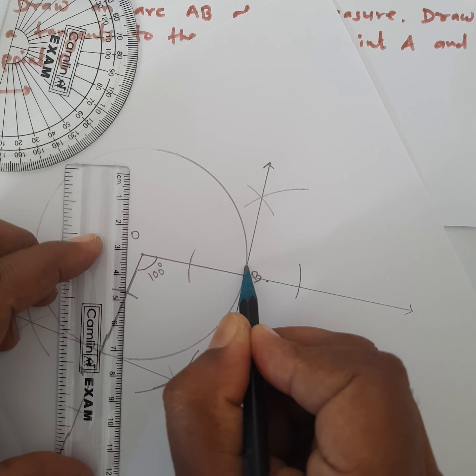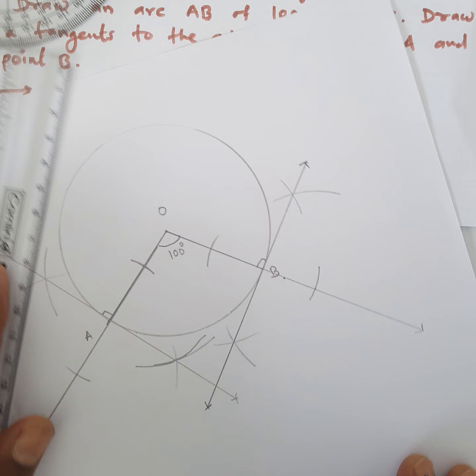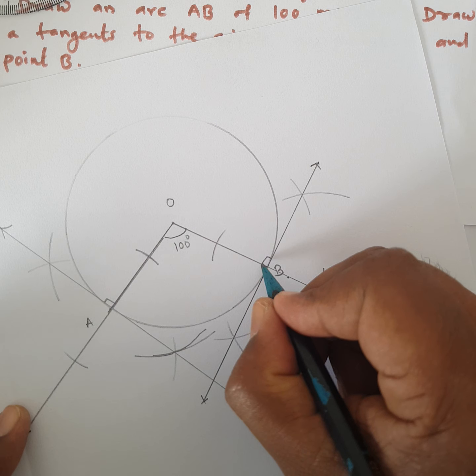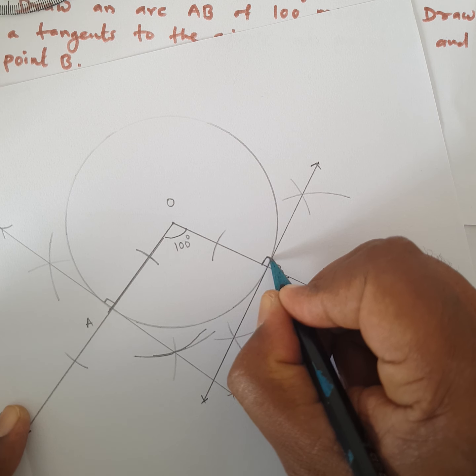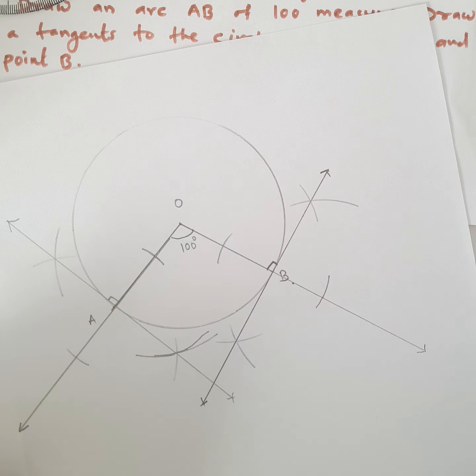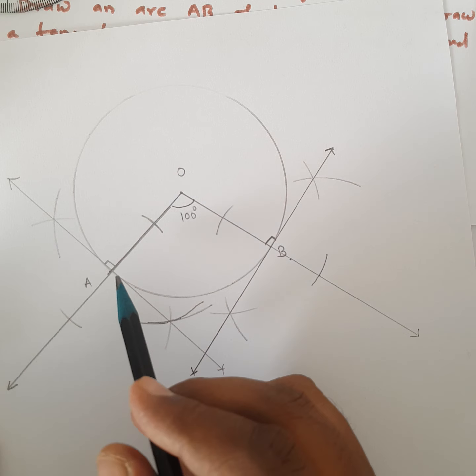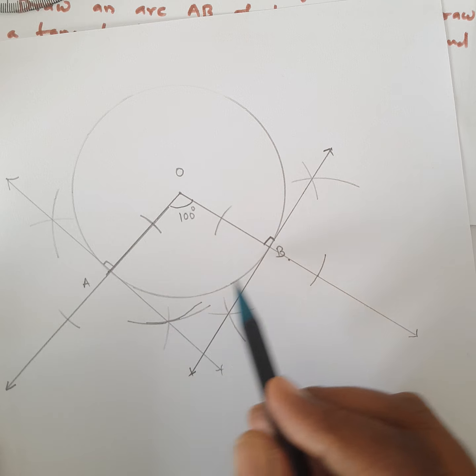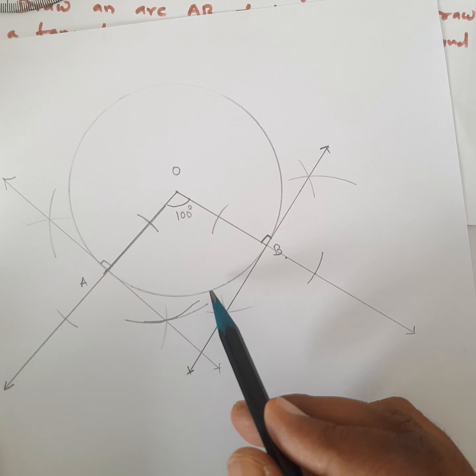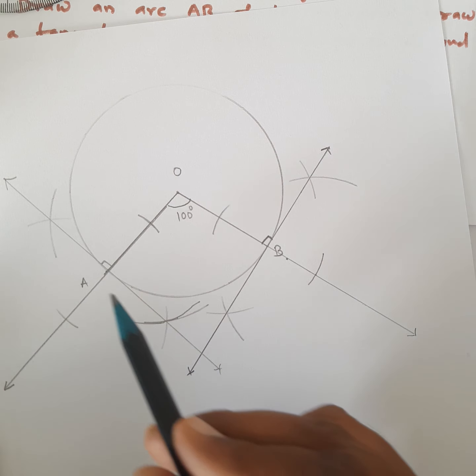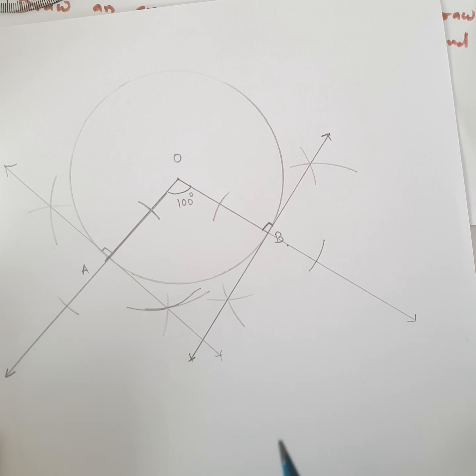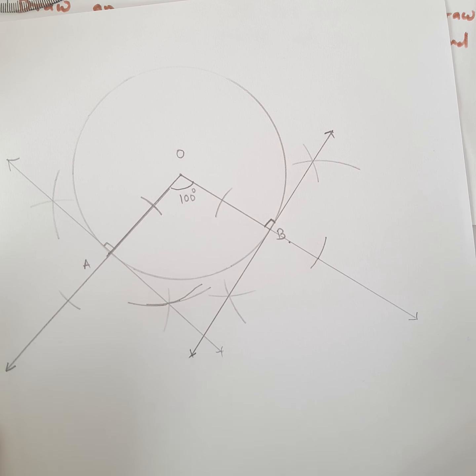In this way, we have drawn two tangents through two points on the circle. The condition was that the measure of this arc AB, or the measure of the central angle AOB, is equal to 100 degrees.